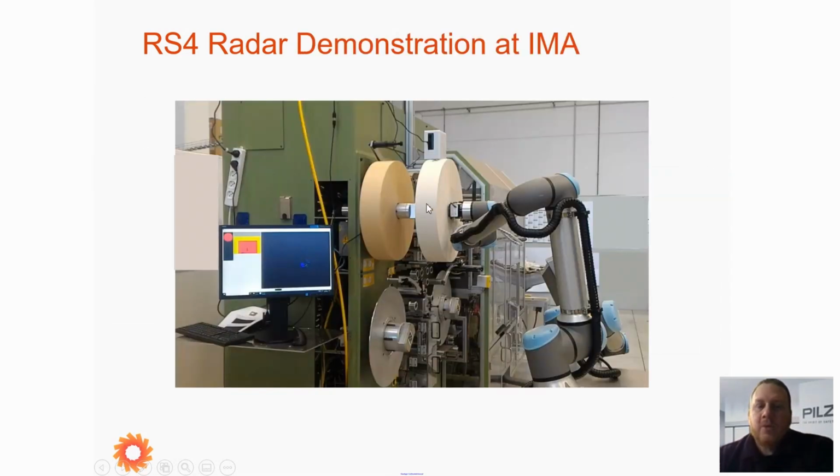We demonstrated our radar sensor, this time in a white housing, at the EMA use case. There it supports the safety and sends some point clouds to the RS4 controller from data sensing.